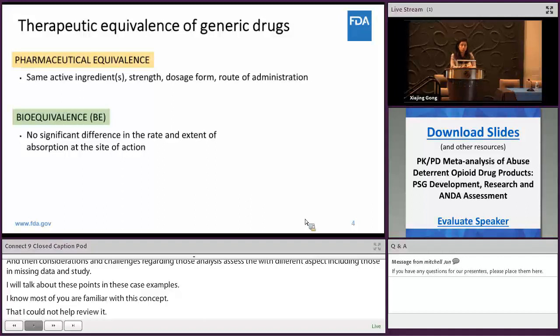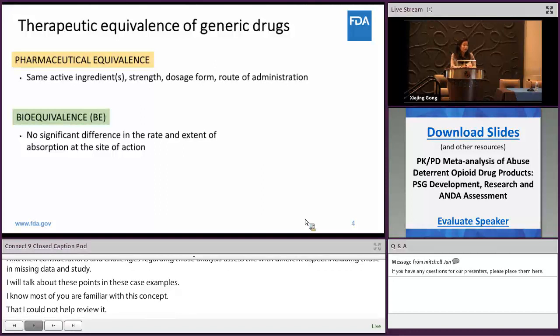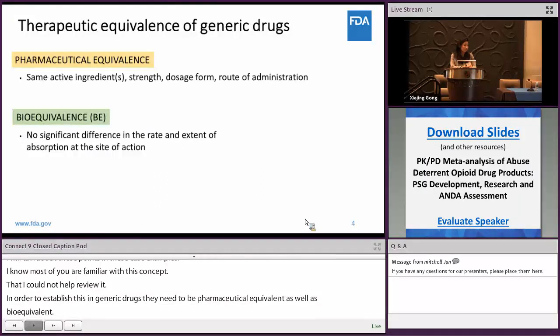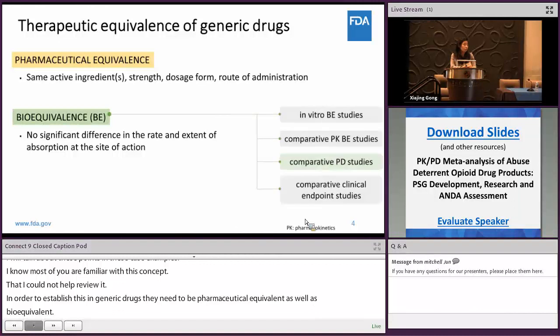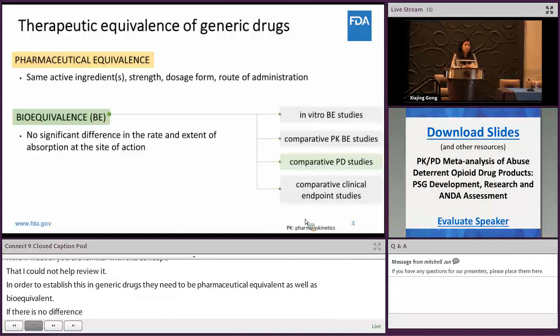Drugs are considered bioequivalent if there is no significant difference in rate and extent of absorption at the site of action. To establish bioequivalence, four types of studies could be used, including comparative in vitro, PK, PD, and clinical endpoint studies. Today's talk focuses on comparative PD studies.